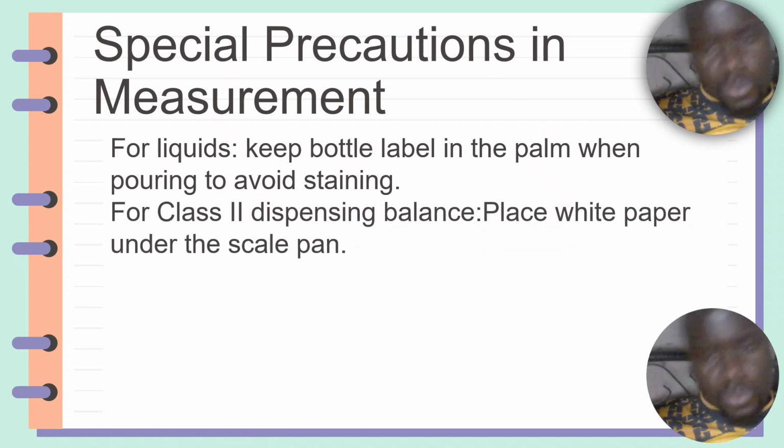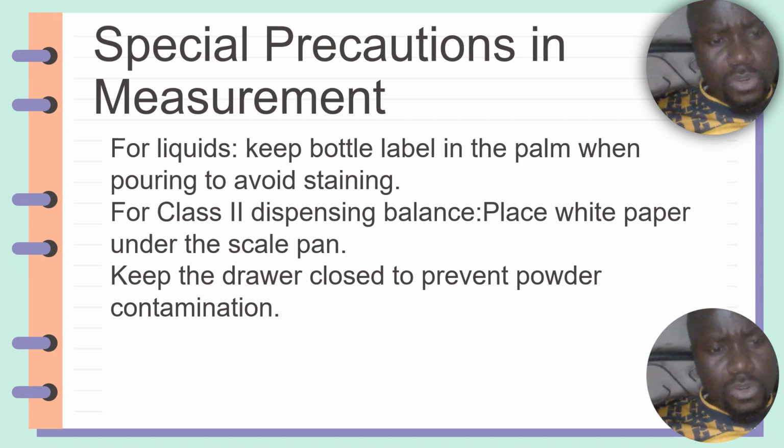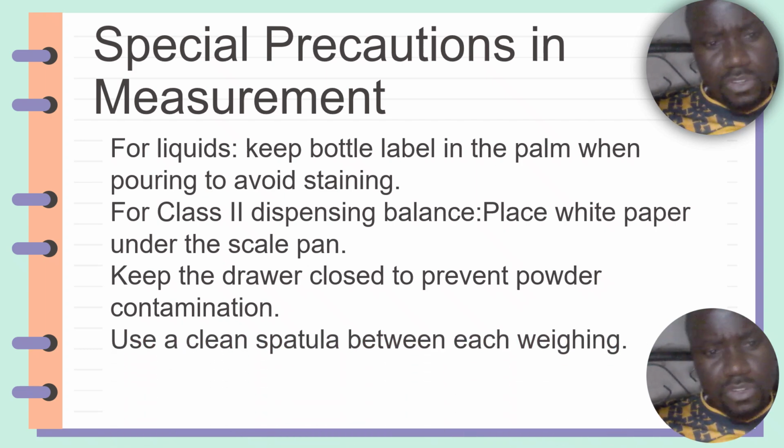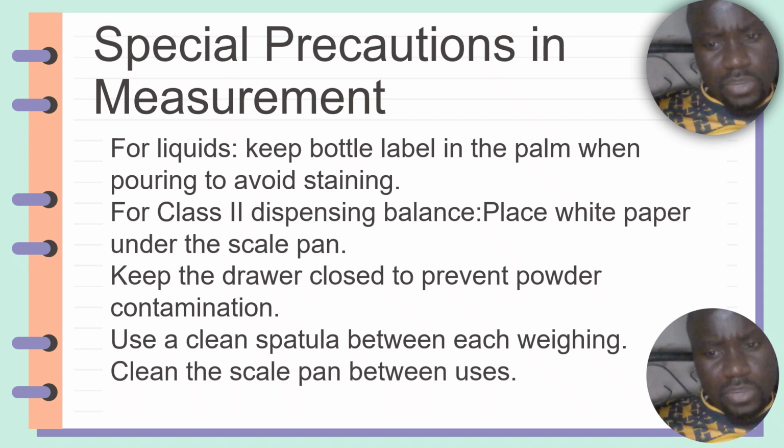If we are using a class 2 weighing balance, we have to ensure that we place white paper there for clarity of what we are going to read under the scale pan. And also we keep the drawer closed to prevent powder contamination, and whatever spatula we are using, we keep cleaning them, because that will ensure we are getting accuracy and precision within our measurements.